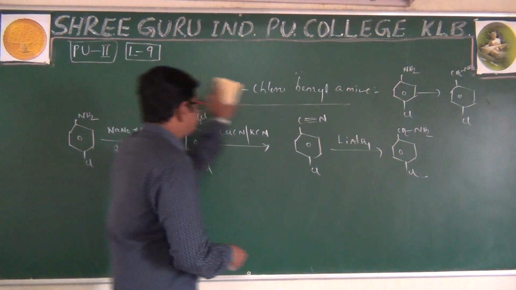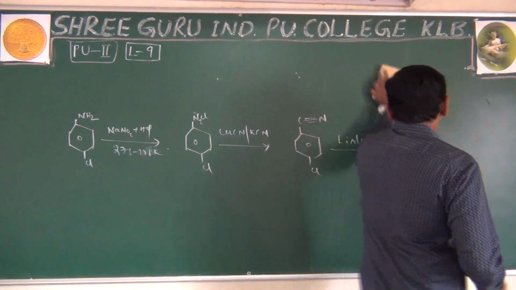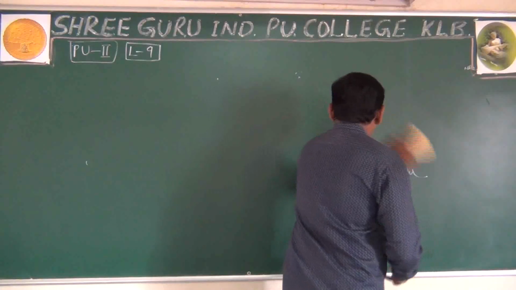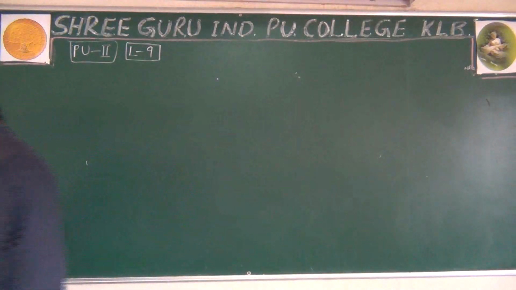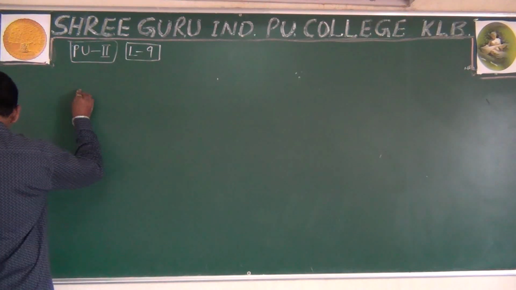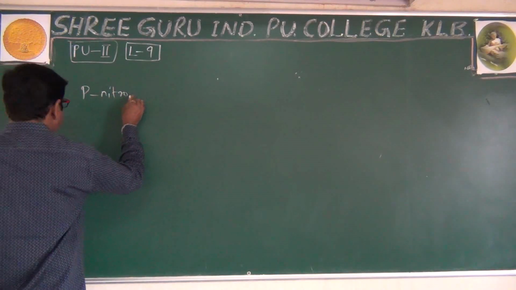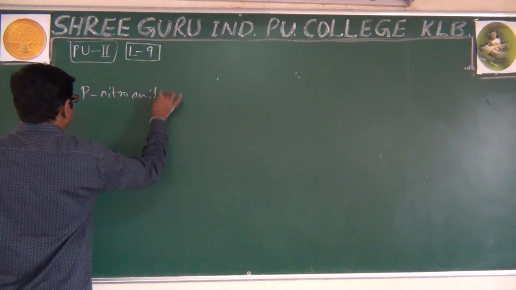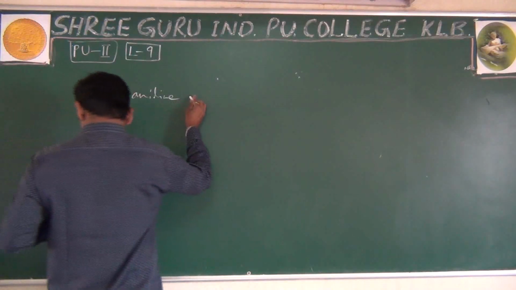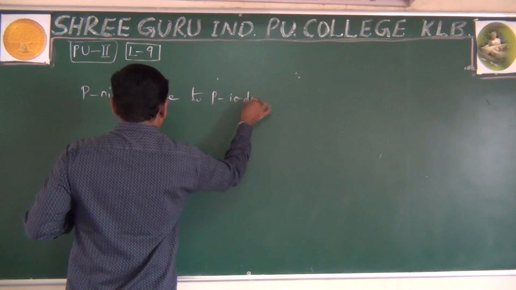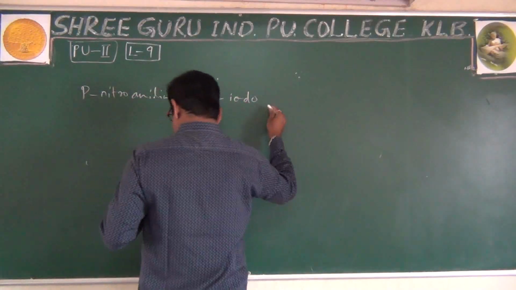Okay, next conversion, let's see. Para-nitroaniline to para-iodonitrobenzene.